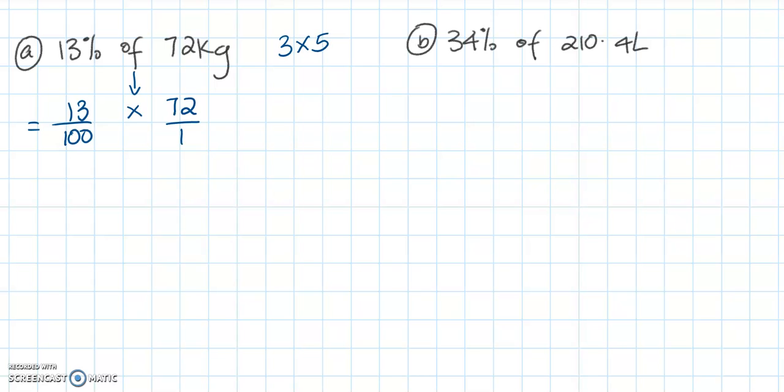There's a couple of ways of doing this. First, look at the numerator and denominator and see if any pair of numbers can be cancelled. If you see 72 and 100, they could have a common factor.